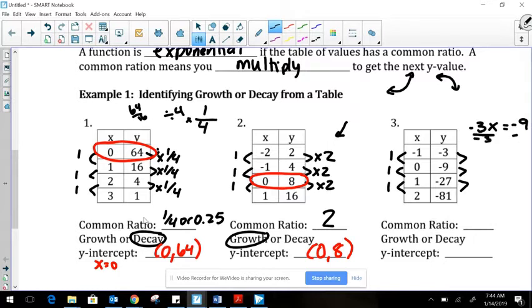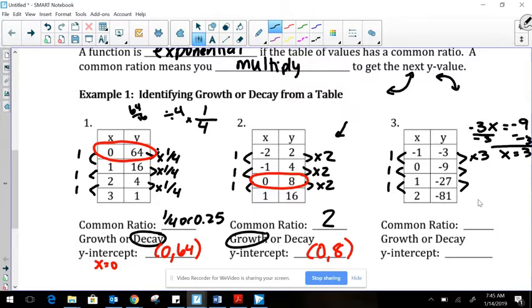If I divide both sides by -3, x is equal to +3. Okay, so I'm multiplying by just a +3. Some of you may have thought, oh, I multiply by -3. But if I multiply by -3, this 9 here would be a positive then. It would alternate signs. It's not alternating signs, so I need to multiply just by a positive each time.